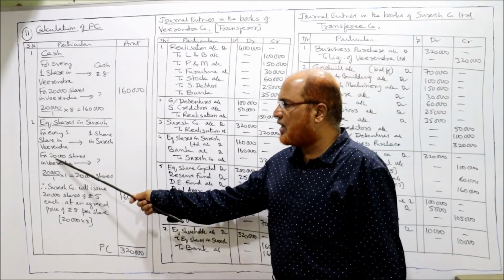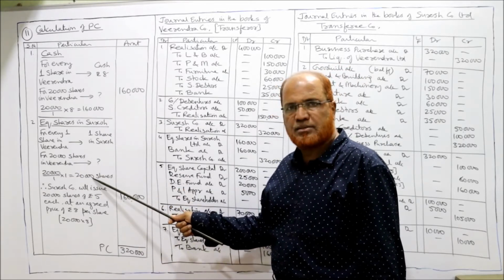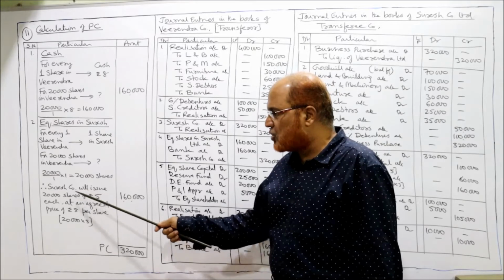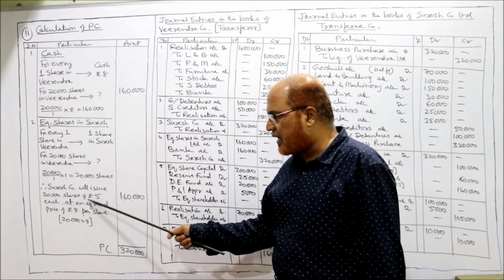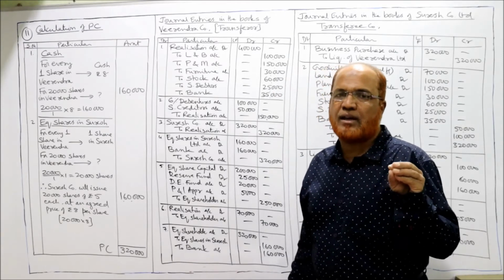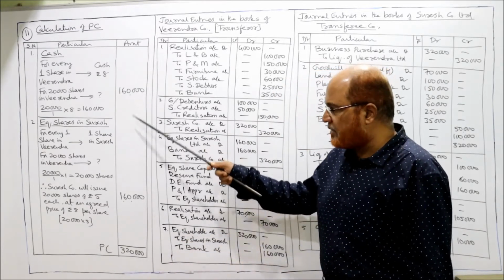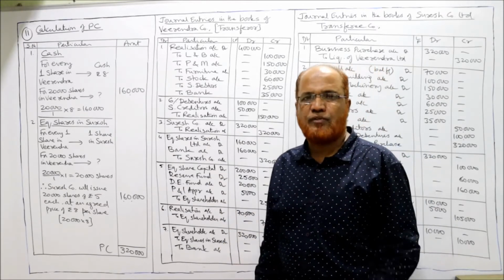For every 1 share in Virendra Company, 1 share in Suresh. For 20,000 shares in Virendra Company, 20,000 shares. So Suresh Company will issue 20,000 shares of 5 each at the agreed price of rupees 8 per share. The share is of 5 rupees face value, but I am issuing at 8 rupees. 20,000 into 8, 1,60,000. So PC we got is 3,20,000.